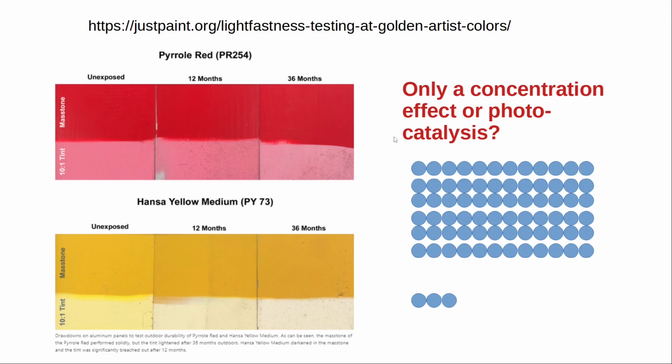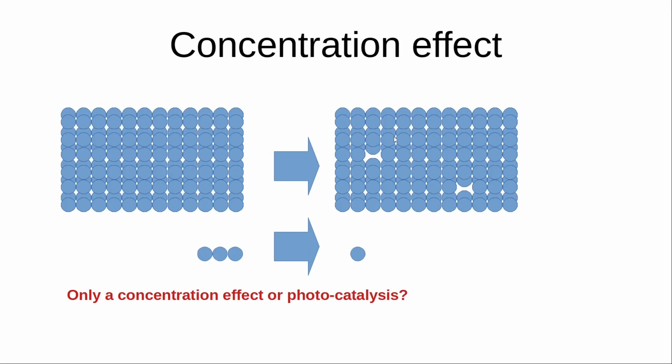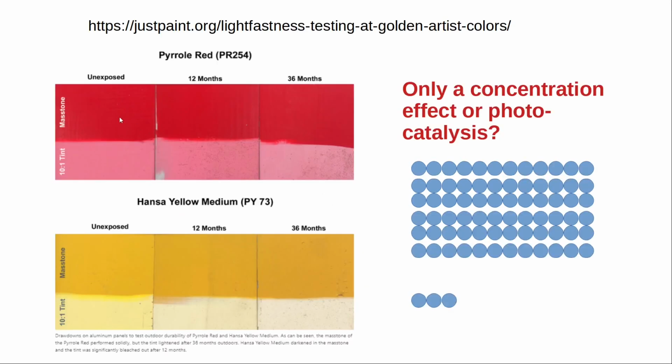Let me explain what that is. Imagine you have a bag full of sweets and you eat 2 sweets. You're not really going to notice it. But imagine you only have 3 sweets and you eat 2 sweets. You're really going to notice it. So when we go back to this slide, there's a lot of pigment molecules. So if a few of them degrade, you're not going to really notice it.